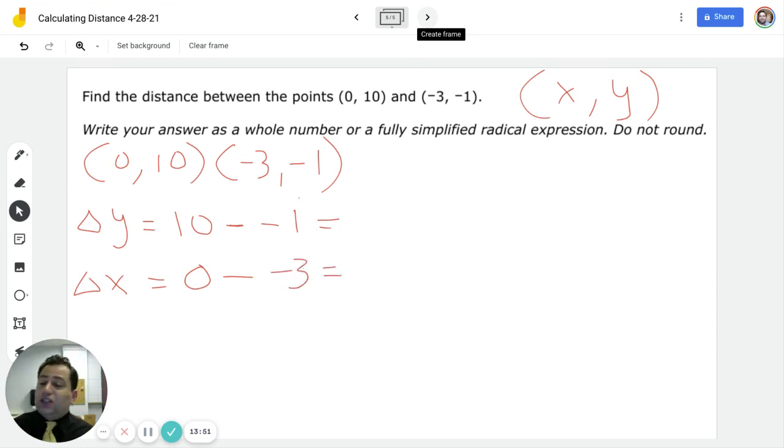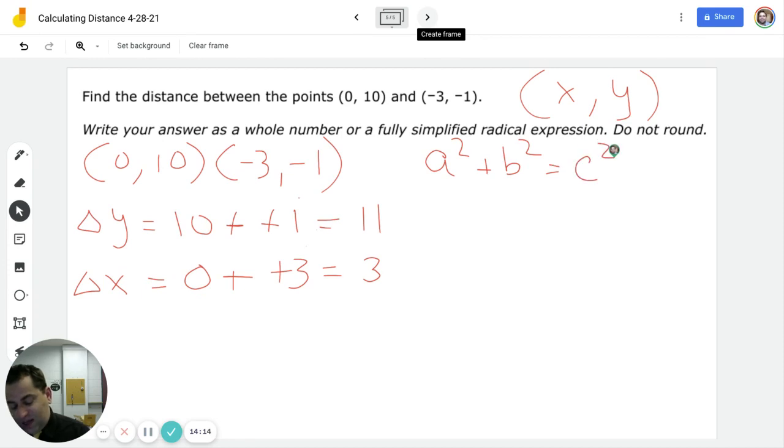All right. Now we got 2 negatives, right? Two double negatives, so we can go plus positive, plus positive. 10 plus 1 is 11. 3 plus 0 is 3. We have the 2 legs of our right triangle here, so we can plug it into the Pythagorean theorem. a squared plus b squared equals c squared.